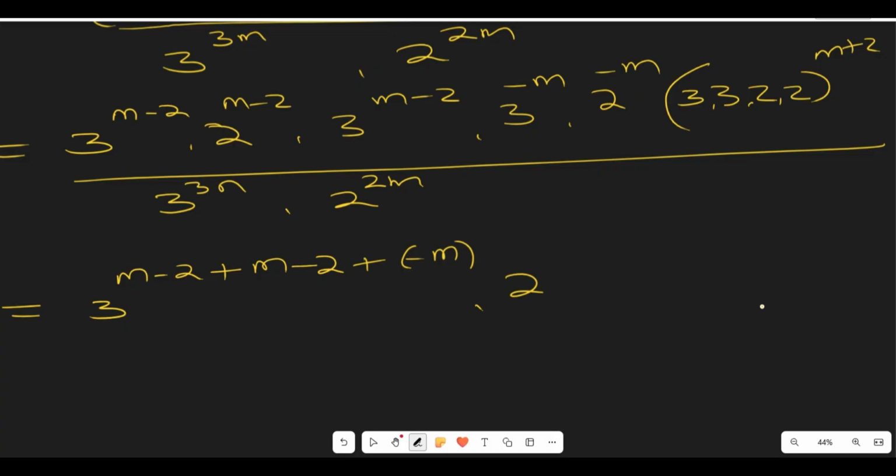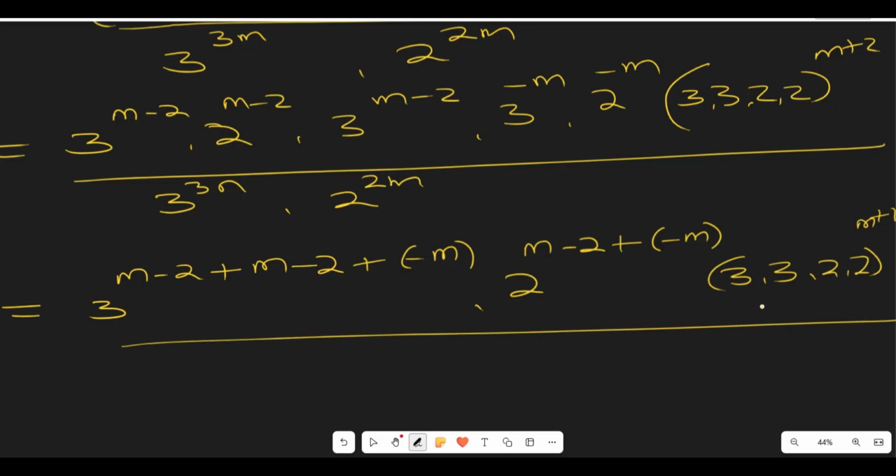And then we say 2 to the power m minus 2, and then we add that plus negative m. And then we continue, 3 times 3 multiplied by 2 multiplied by 2 is to the power m plus 2, right? So let's continue, which is 3 to the power 3n multiplied by 2 to the power 2m.